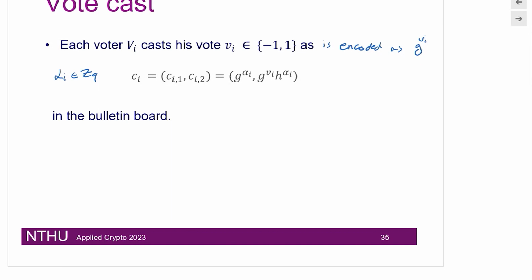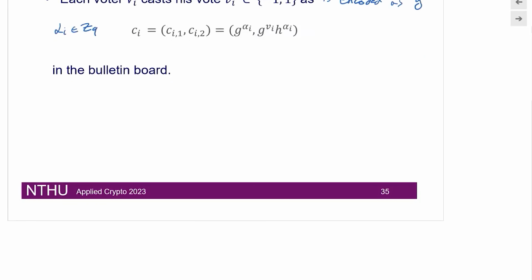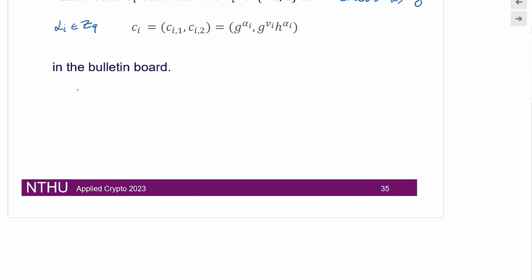And therefore, we are going to publish these things on the public bulletin. So suppose that I get the vote for user I and J. For CI, I get G to the alpha I, and then G to the power VI times H to the power alpha I. And for user CJ, I get G to the power alpha J, and then G to the VJ times H to the alpha J, right?